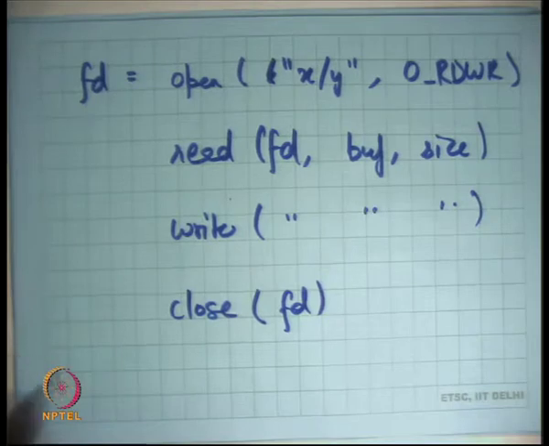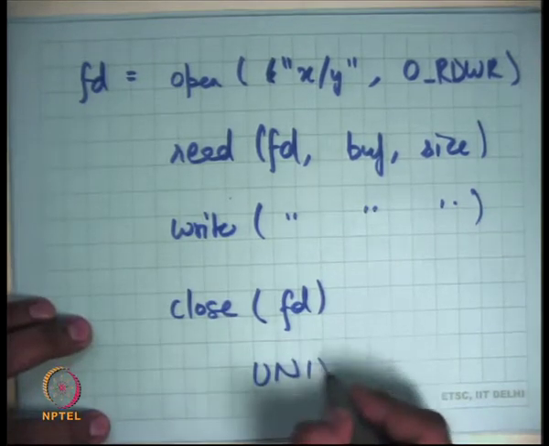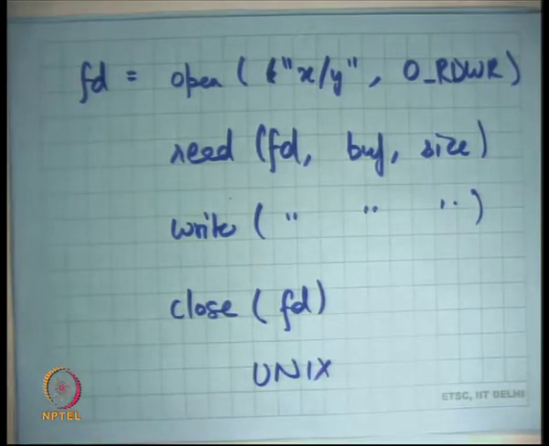Let's say this was Unix. This interface treats a file as a stream of bytes starting from 0 till some maximum length, and that's it. There is no structure on the file, so it's completely unstructured. On the other hand, files could have had some structure.